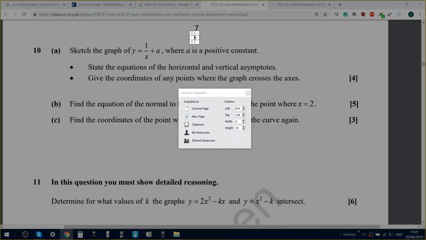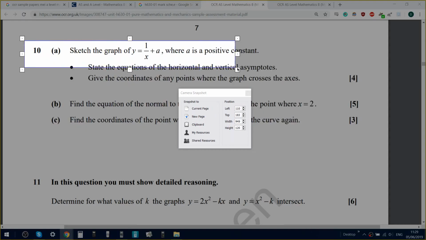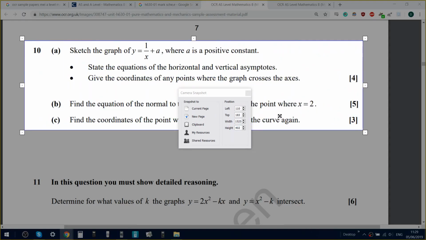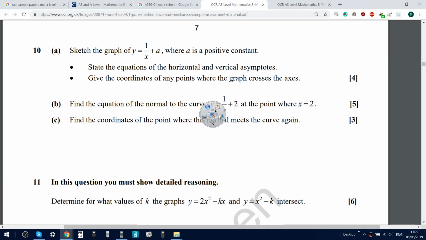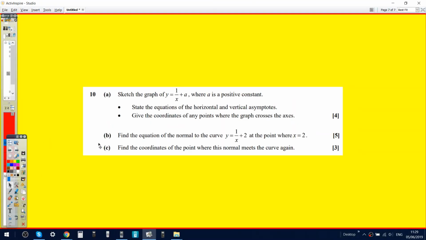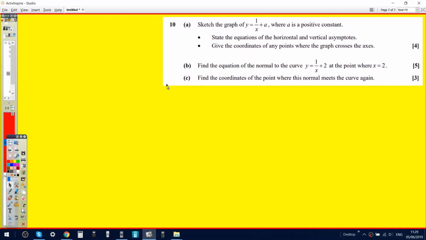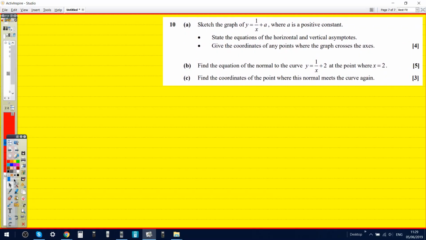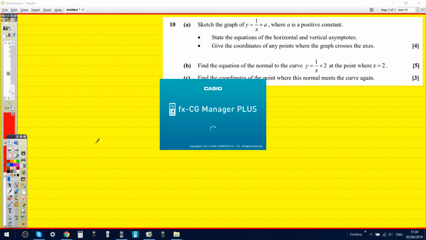What was your thinking for part A? So for part A, where a is positive, what I did was I put it on my calculator. Great. And then I saw that x equals 0 is always constant. They only go up and down.